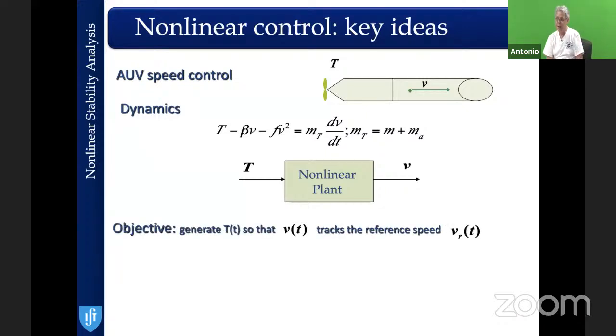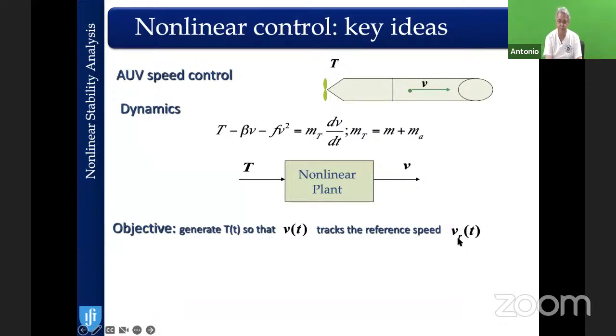So suppose I want to do something that is a bit more sophisticated. In practice, sometimes people design controllers for fixed speeds. I want my torpedo to go at 3 knots, 4 knots, 5 knots. It's fixed. I may be interested in having the speed track a certain reference. It goes 1 knot, 0.5, 0.2, and so that's the reference for the speed.